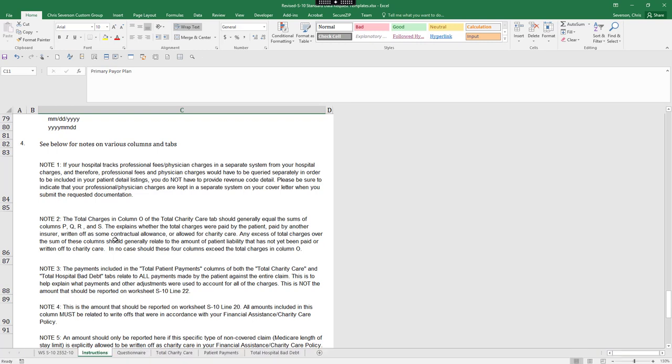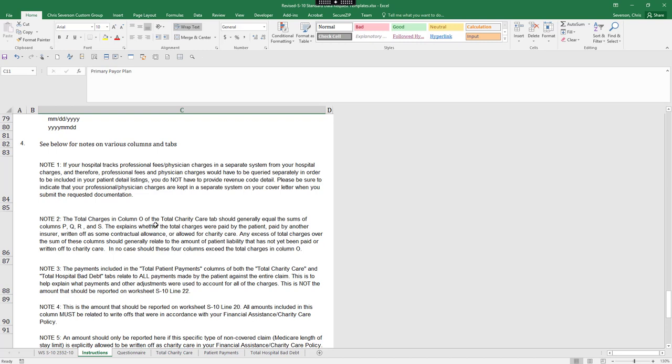The total charges in column O of the total charity care tab should generally equal the sums of columns P, Q, R, and S. So total charges, and then P, Q, R, and S are the patient payments, insurance payments, charity care write-offs, and other contractual allowances. Basically, those four columns help to explain what happened to all those total charges.